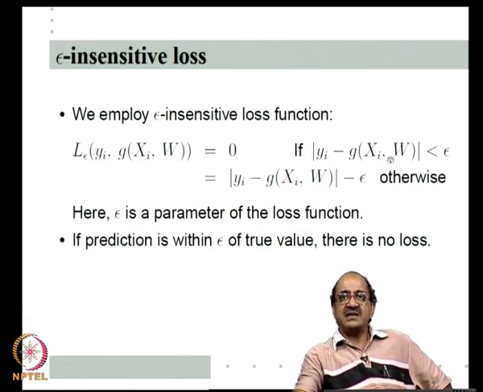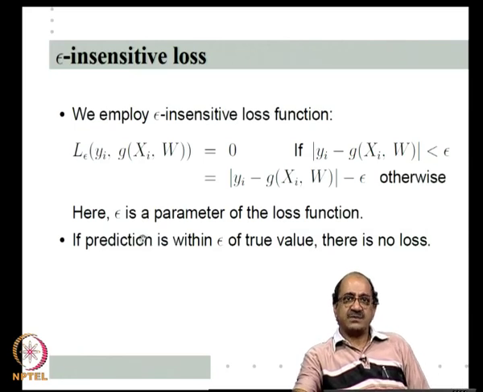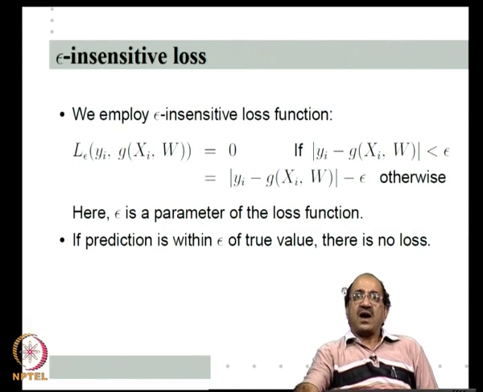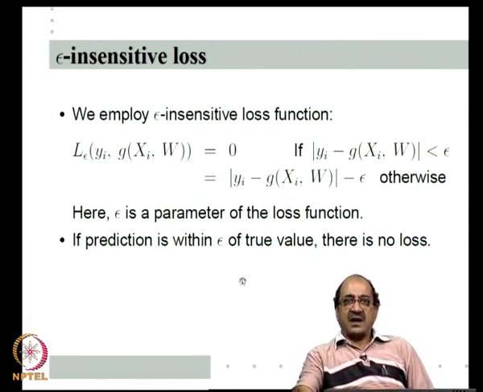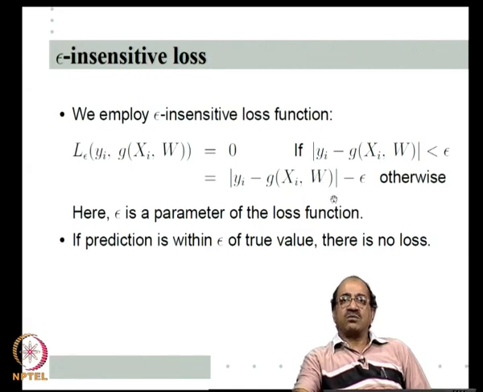So, if the prediction is within epsilon of the true value, then there is no loss. Epsilon is of course the parameter of the loss function, that is why I put epsilon as a subscript here. So, given a specific value of epsilon, if the prediction is within epsilon of the true value, there is no loss. Otherwise, the absolute value of the difference over and above epsilon is the loss.